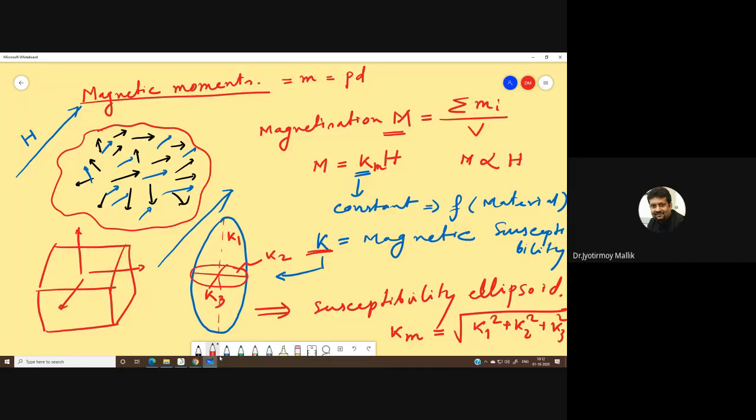So if you want to align these black vectors into these blue vectors, there are two things you can do. You can increase the external magnetic field, or you can change the material. If the material has higher susceptibility, it will be aligned more.